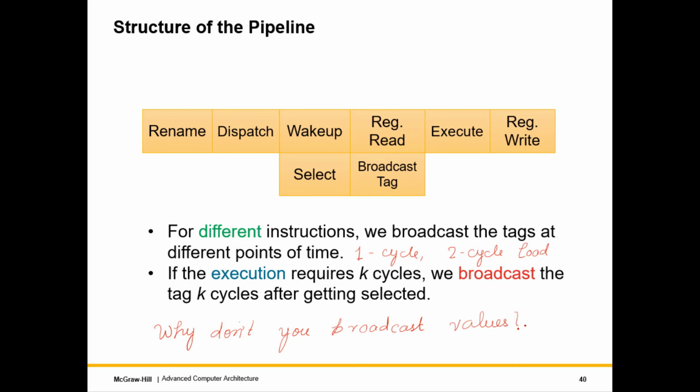Why don't you broadcast values? Why do we broadcast tags? Well, the reason we broadcast tags instead of values is because we do an early broadcast, and in an early broadcast, we don't have the value with us, so we cannot broadcast it, right? So we need to broadcast the tag, all right?